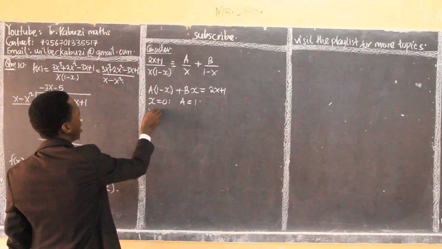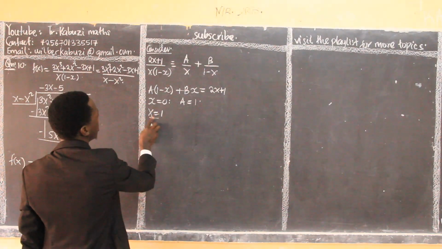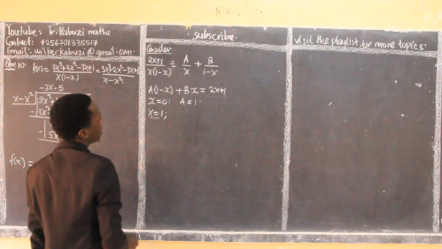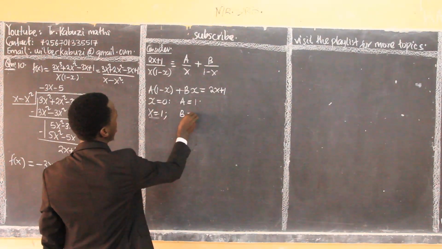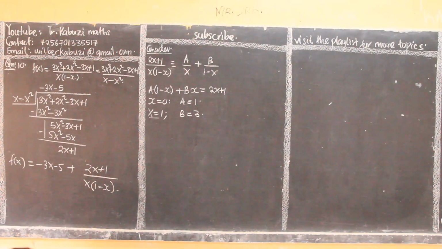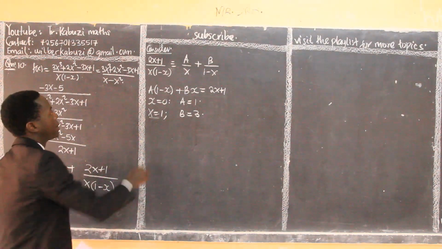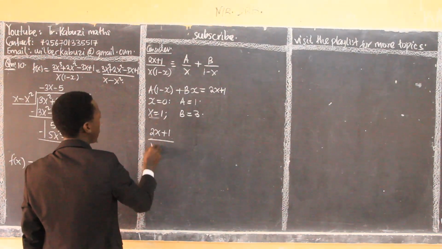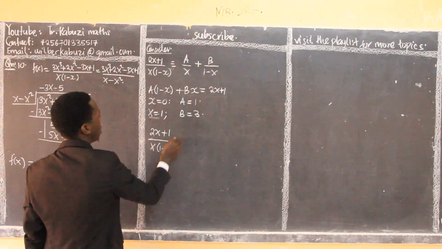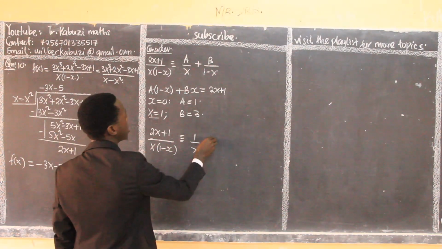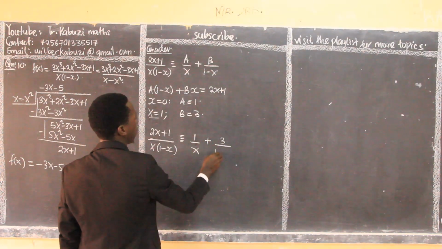Then I say when x is 1, in simple terms, I'm equating this to 0. I'm going to have my b equals to 3. Therefore, I have the a, I have also the b like that. So meaning, the whole of this is now going to be 2x plus 1 over x, 1 minus x equals 1 over x plus 3 over 1 minus x.